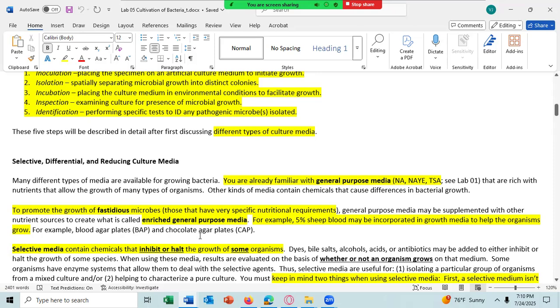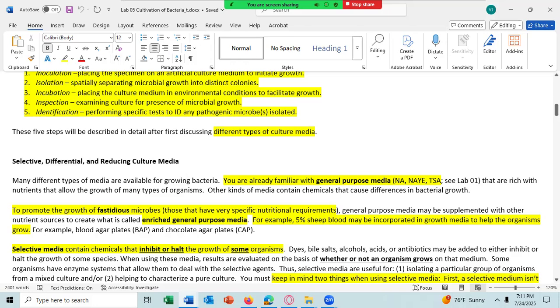And usually we grow this on blood agar that contains 5% sheep's blood to provide the ingredients that Streptococcus pyogenes requires in order to grow, meaning the red blood cells are supplying the nutrients that Streptococcus pyogenes requires before it will grow. So that's an enriched media. Any questions about that? You use enriched media to grow a fastidious microbe.